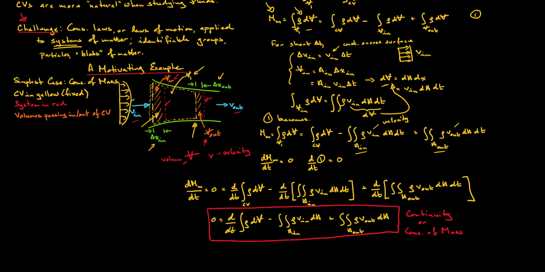Okay, so what this says, if we're observing a, let's say, a fixed CV, so let's say a room that is not changing with time, then the time rate of change of the mass inside the control volume, so let's say it is the room, is equal to, if we were to rearrange this, the amount of mass coming in minus the amount of mass coming out.